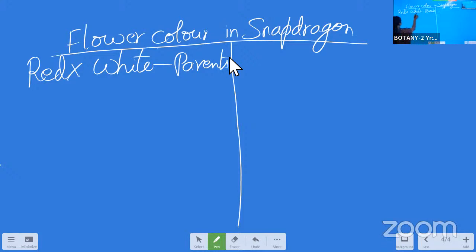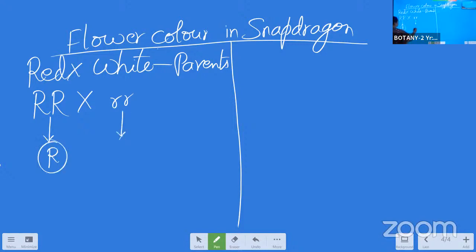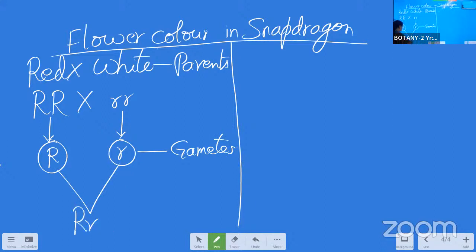Red colored flowers are crossed with white colored flowers. Dominant characters are always represented with capital letters: RR crossed with small rr. In this, the gamete is capital R. In this, the gamete is small r. These are the gametes. Capital R, small r. This is the F1 generation.